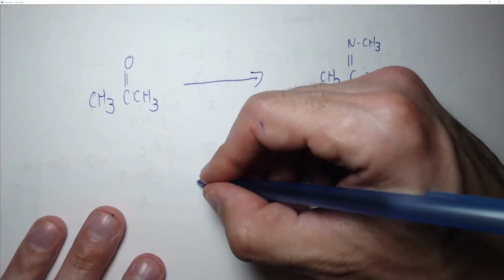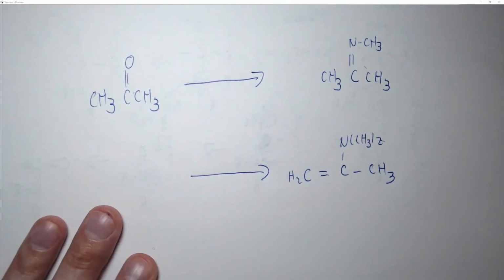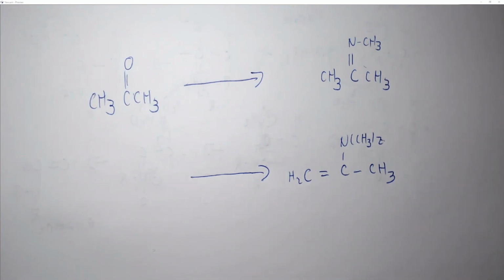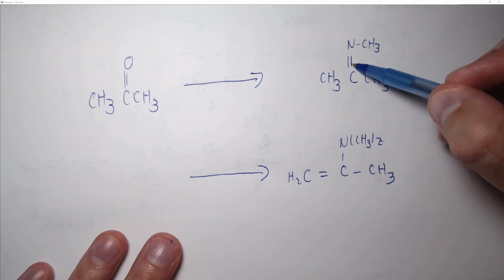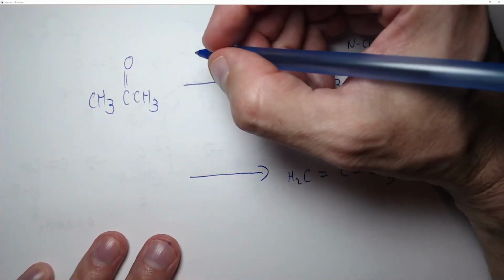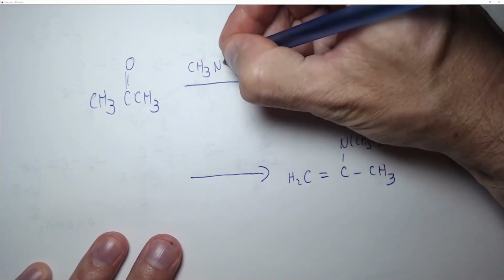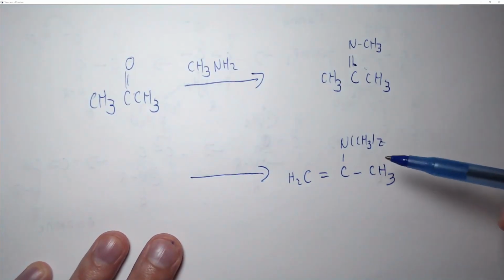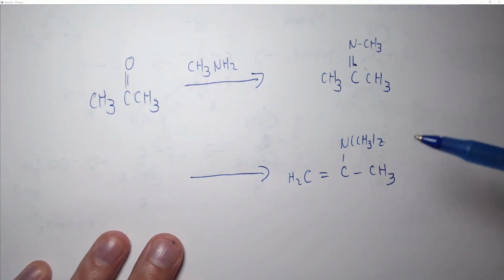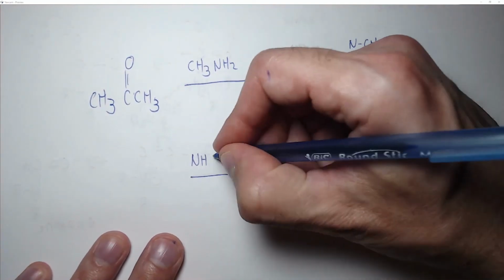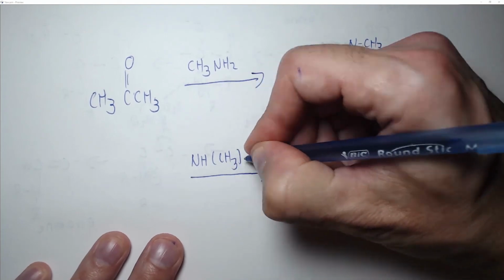Well, what is the difference between these two things? The difference between these two things is whether we add the primary or the secondary amine. In this case, to make the imine, we need to add the primary amine, which is CH3NH2. And to make the enamine, we need to add the secondary amine, which is NH(CH3)2.